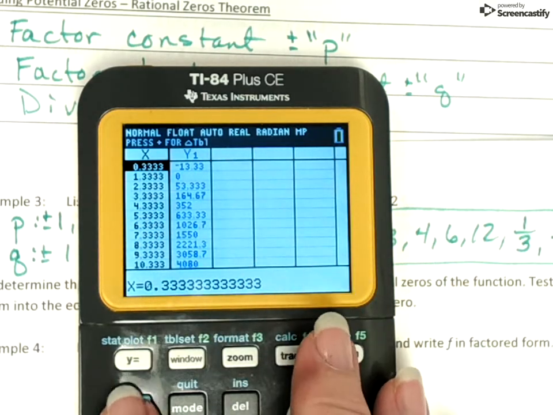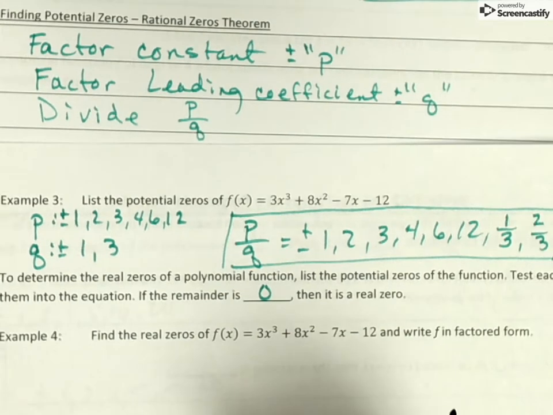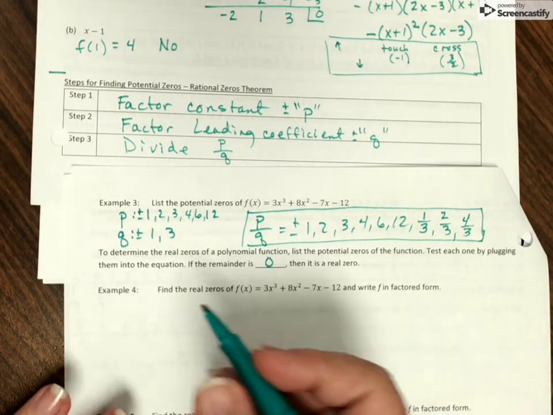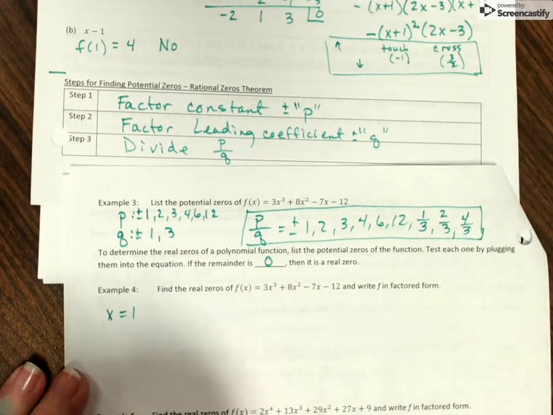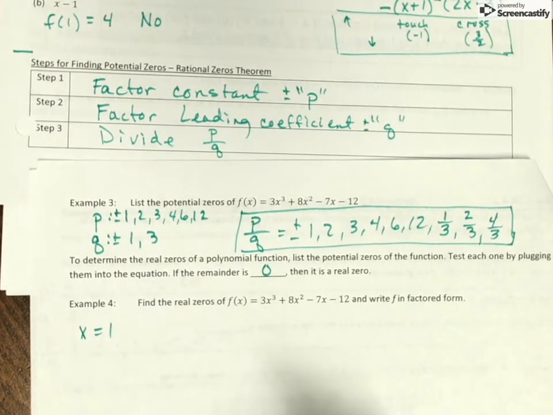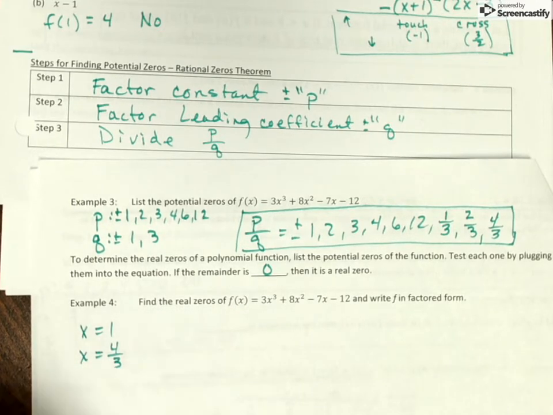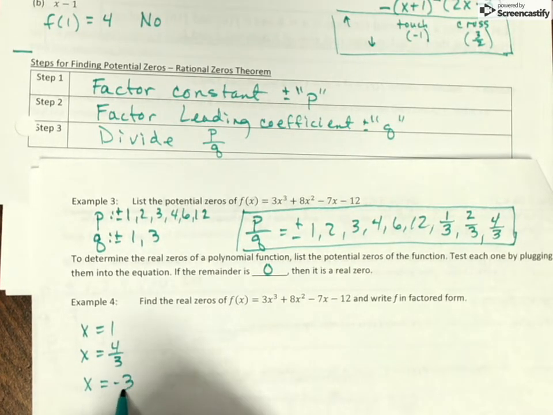So going back to my problem, I know that 1 is a 0. I know that 4/3 is a 0. And I've also discovered that -3 is a 0.